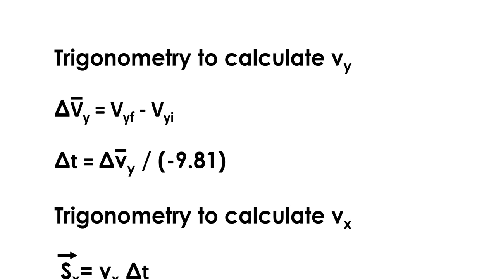After that, you can divide that value by minus 9.81 and you'll get the flight time. You can then do some trig in order to calculate the horizontal velocity, and then you take that horizontal velocity, multiply it by the flight time, and you will have the distance covered, and that is what you are going to want to present for your assessment. How far did that person jump?